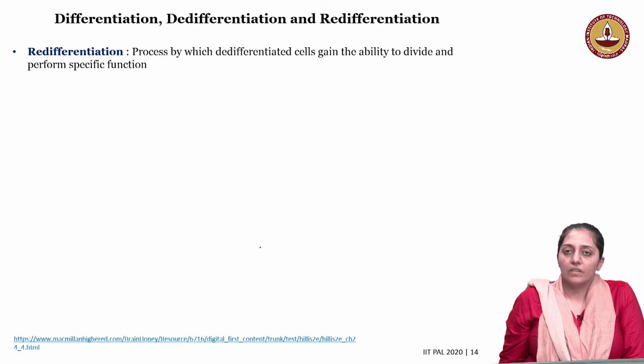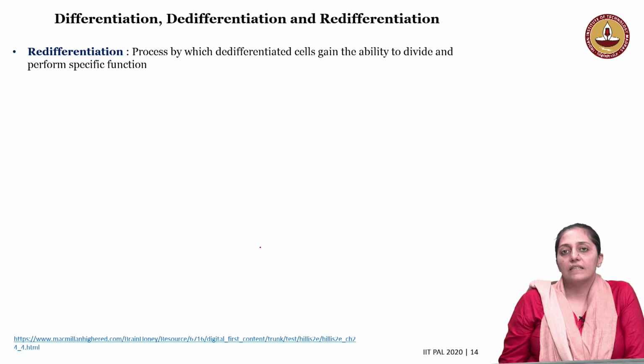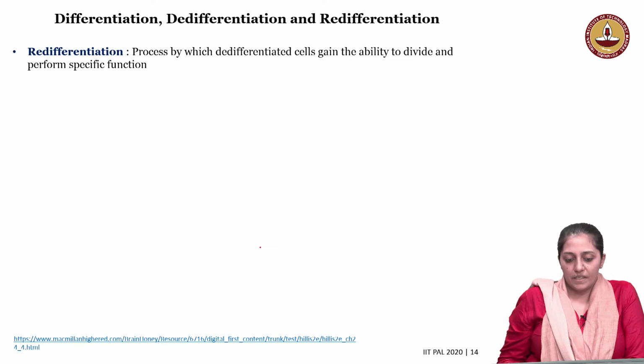Now, talking about the third term, which was redifferentiation, it is the process by which dedifferentiated cells gain the ability to perform a specific function. Once a cell has dedifferentiated, again it is redifferentiated to perform a new set of functions. So, that is redifferentiation.